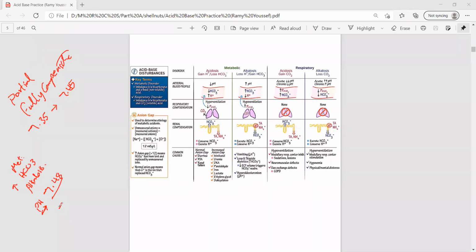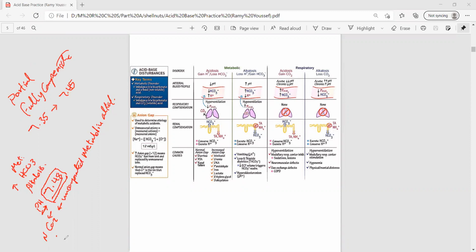If I go for the CO2 and I found it normal, so this is uncompensated metabolic alkalosis. The pH is not within the normal range, and at the same time I have no change on the other parameter.